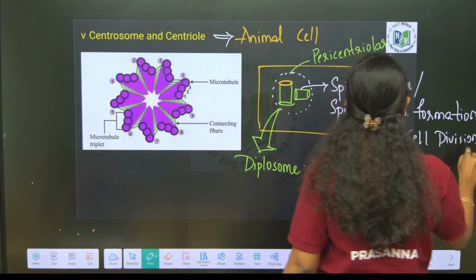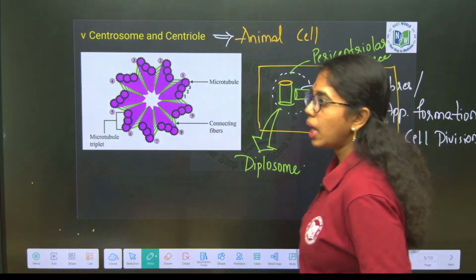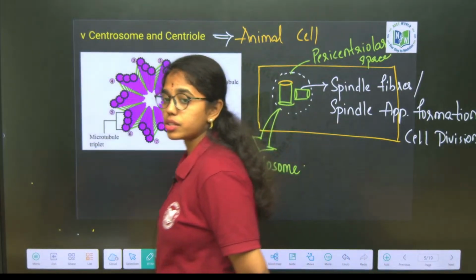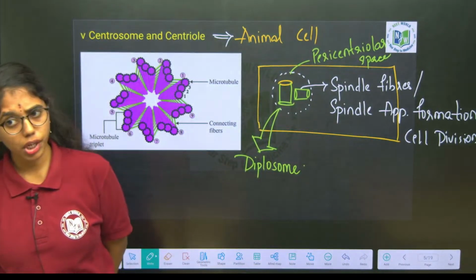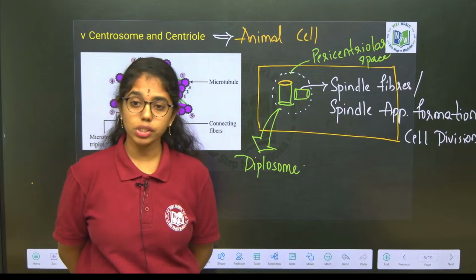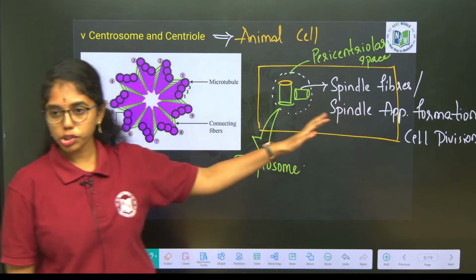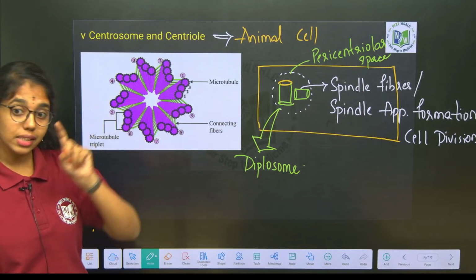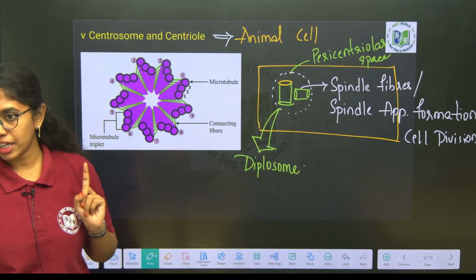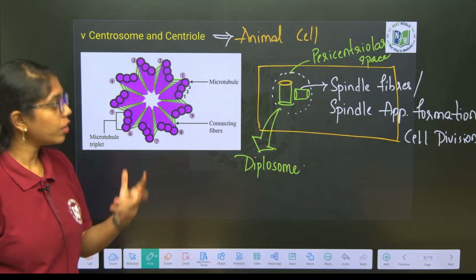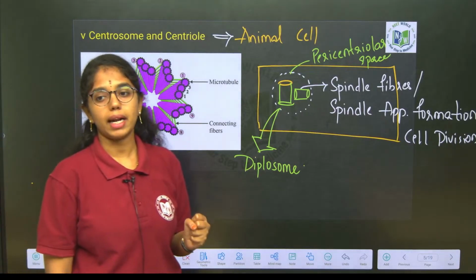Clear? So, now let me ask you a question: in plant cells there are no centrioles, there is no centrosome, but cell division is happening. How is the function compensated? How is there no problem in the formation of the spindle apparatus? You can see spindle apparatus during plant cell division as well. Then how is the function compensated in plant cells?